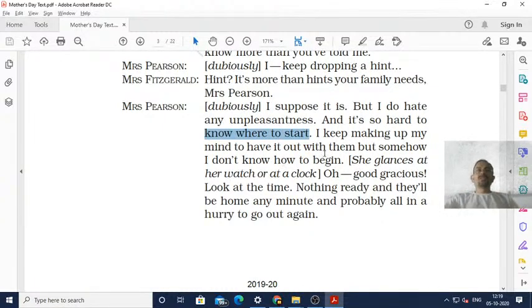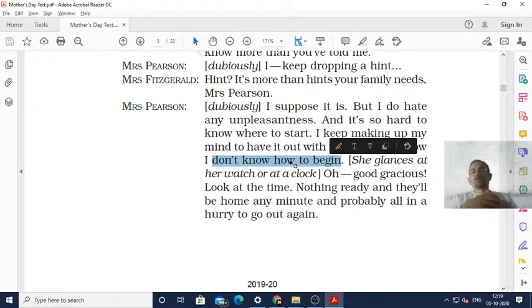Then she says, I keep making up my mind, but somehow I cannot manage to pick up the courage to broach this idea. She glances at her watch and says, oh my goodness, they might come home any time, I haven't cooked anything. After they come, they will again go out, so I should go home and prepare something for them.